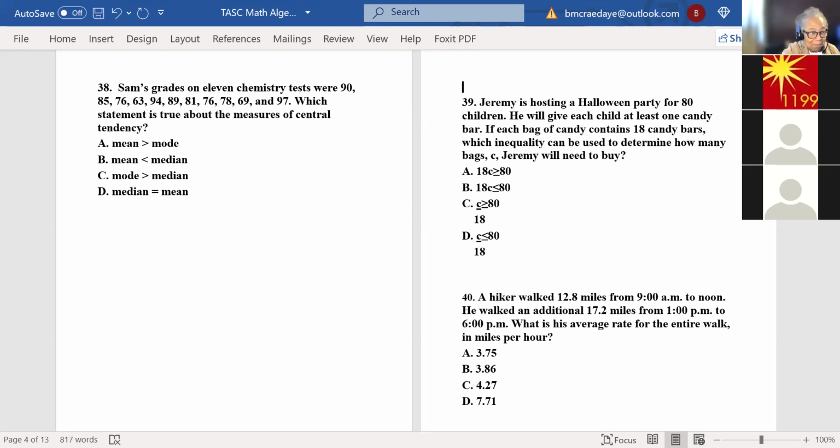Okay, so find the mean, the mode, and the median, and tell me which one of those is correct. So the mean to the mode or the mean to the median. Once you tell me the answer, I want you to tell me how you found it, which means you got to tell me how you got the mean, the median, and the mode.